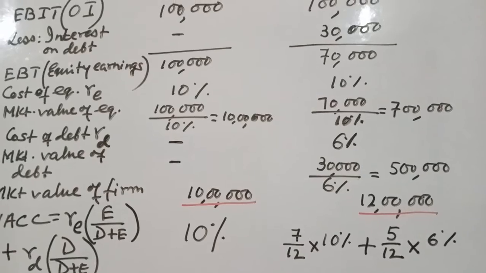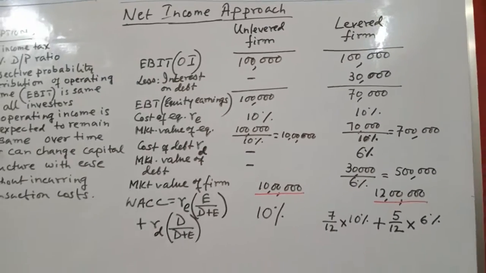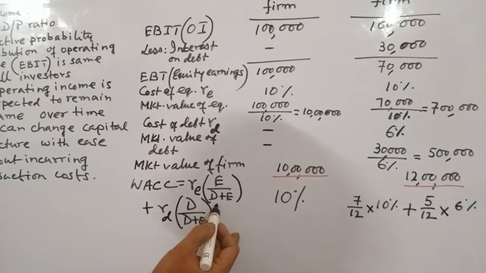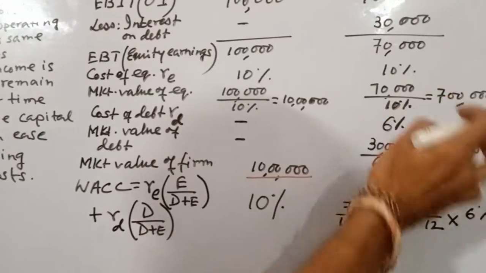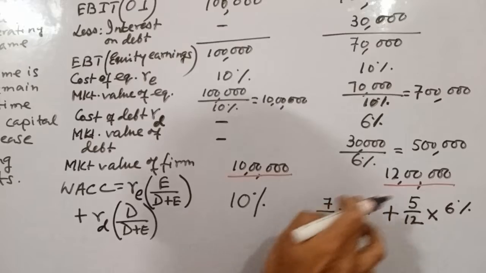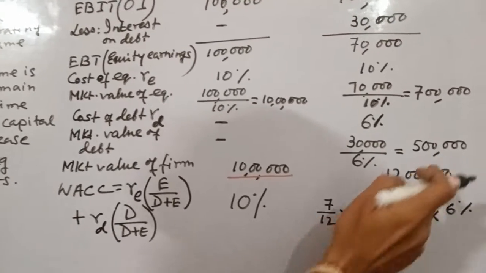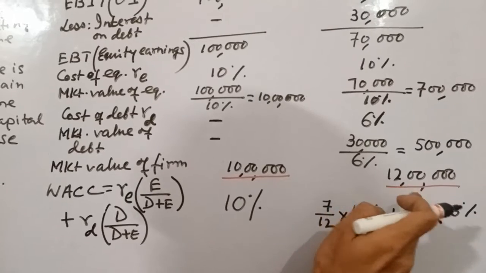Correct? E by D plus E is equal to 7 lakh divided by 12 lakh, that is 7 by 12. And D by D plus E is equal to 5 lakh divided by 12 lakh, that is 5 by 12.